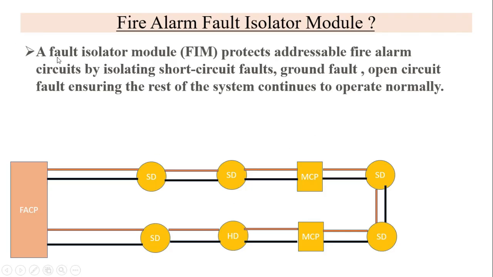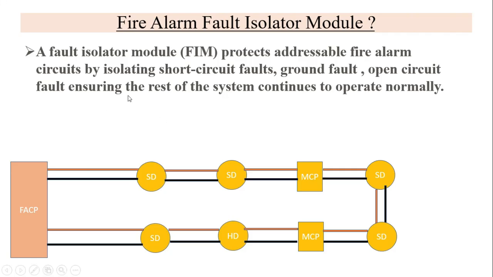That means a fault isolator module, FIM, protects the addressable fire alarm circuit by isolating short circuit fault, ground fault, open circuit fault, ensuring the rest of the system continues to operate normally.